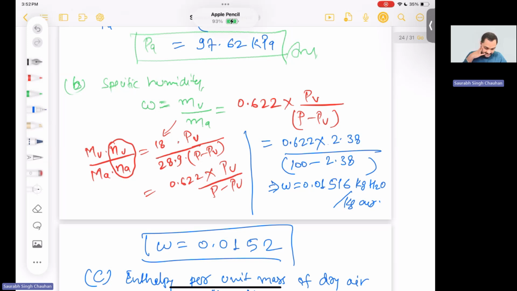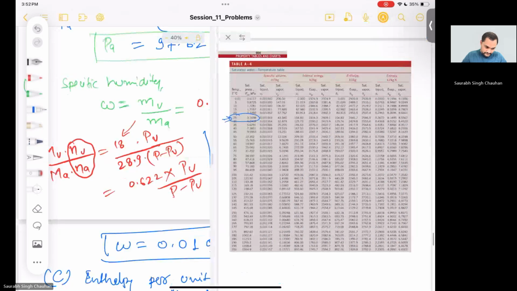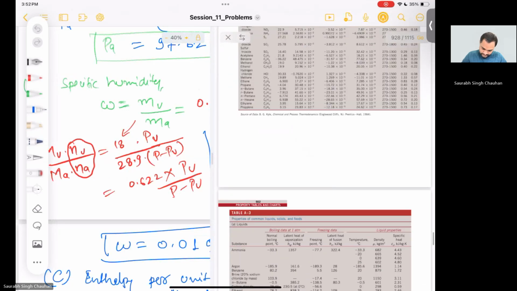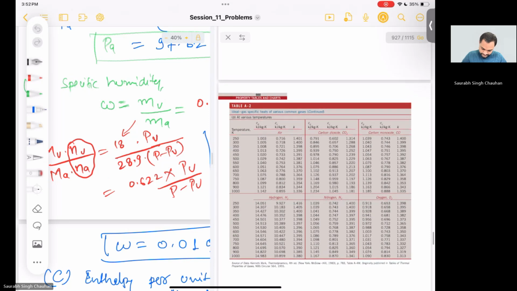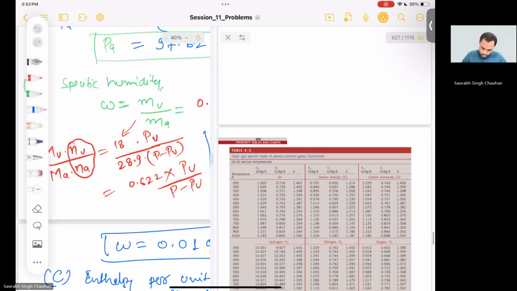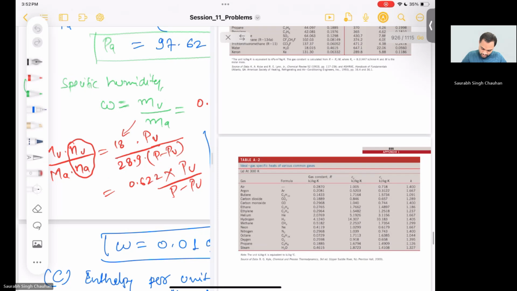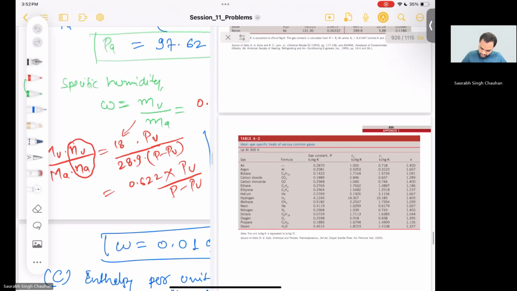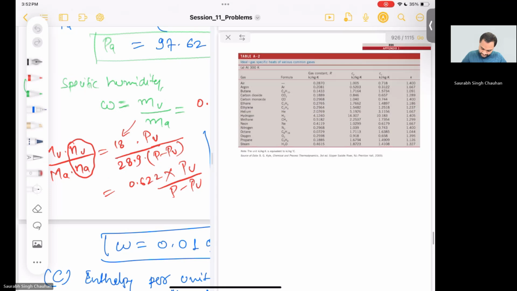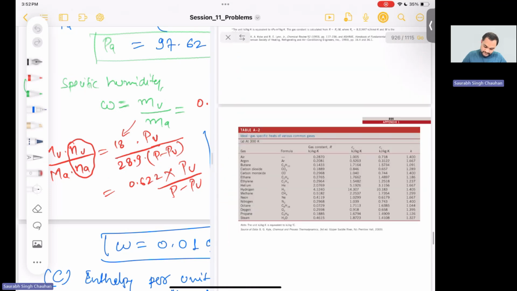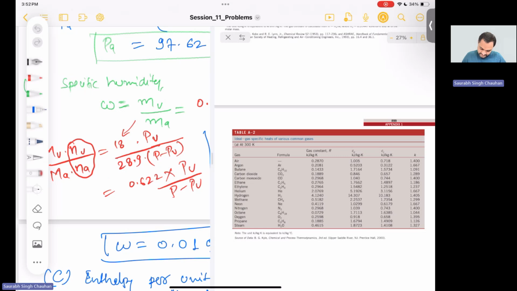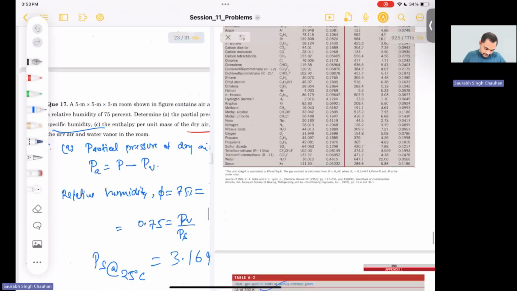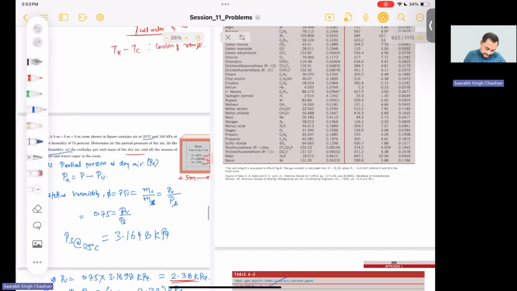For HA, you will have to use the property table of air. So this is air at 300 Kelvin. In this question also we are very near to 300 Kelvin, so you can use the same value.